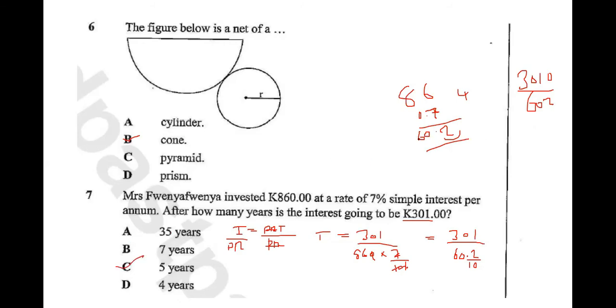So you can reduce this one and you find that your answer is 5 years. Maybe I should just demonstrate it. Here you can still reduce, you start reducing by 2.